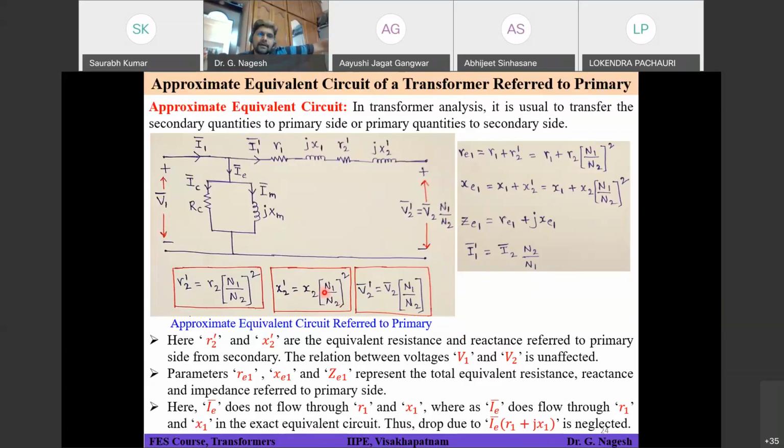So now we will see what the approximate equivalent circuit will be if all the parameters are transferred onto the secondary side. You can just have a try for 2 or 3 minutes. Let's see what the circuit will be after that.